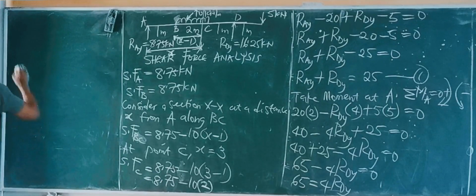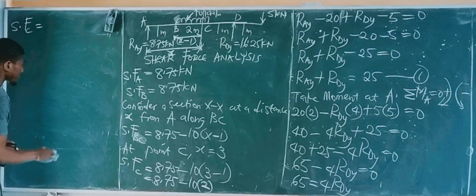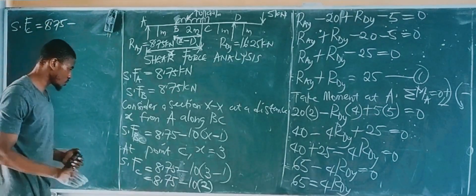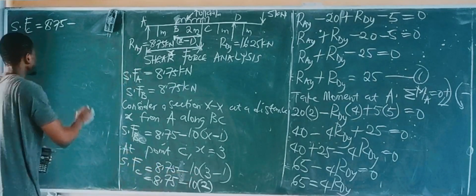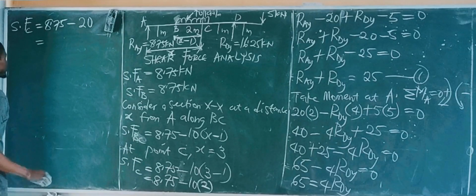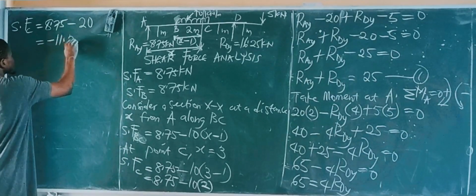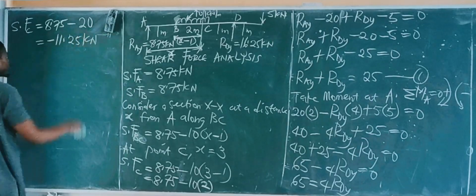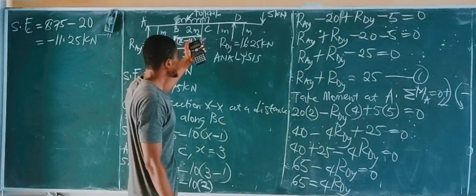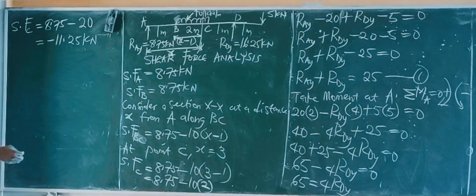So shear force at C is now equal to 8.75 minus, 10 times 2 is 20, so minus 20. So shear force at C is actually minus 11.25 kilonewtons. Okay, this force moves from point C down to point D.